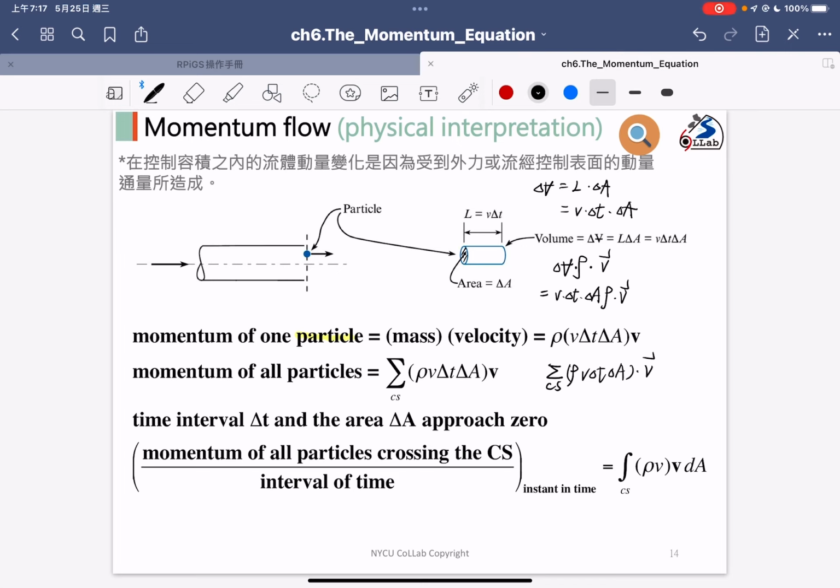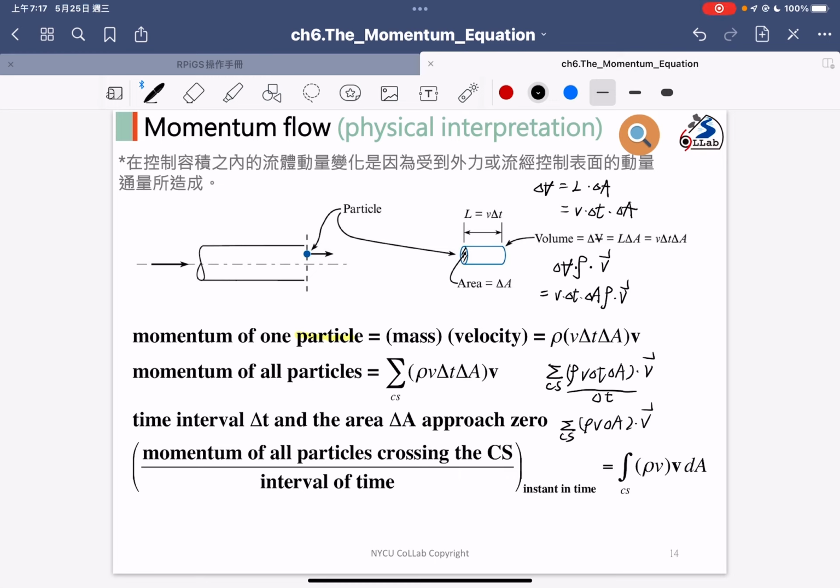Okay, and then we can calculate the momentum change along the control surface, so we can divide the equation by the time interval, right? So you can cancel out delta T. Finally you only have the sum over the control surface of rho V delta A multiplied by the velocity.